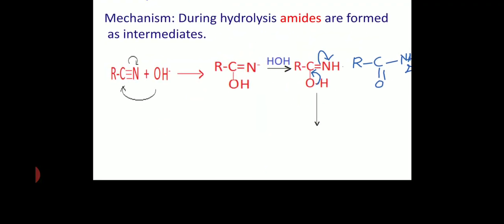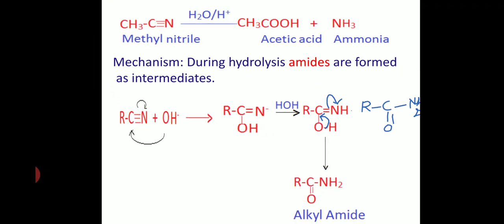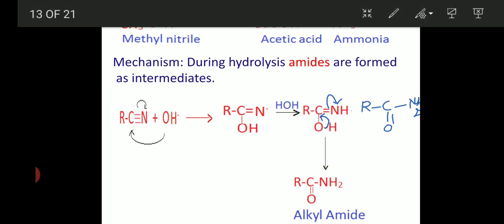How? RC=O NH2, that is nothing but an alkyl amide. Now this alkyl amide is the intermediate. During hydrolysis, amides are formed as intermediates.